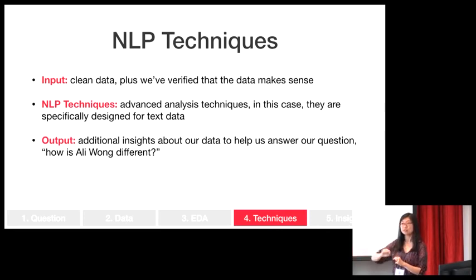Our input into this is clean data that we've verified makes sense. Now we're going to do these more advanced analytics techniques, including sentiment analysis, topic modeling, and text generation. Our output is going to be additional insights to help us answer our original question.